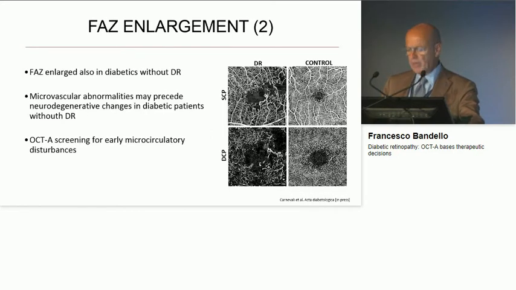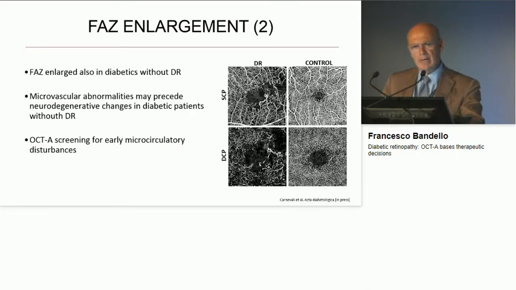But what we were able to show, and this is a contribution from our group, is that sometimes you have an enlargement of the foveal avascular zone in diabetic patients without diabetic retinopathy. So before any kind of evidence of diabetic retinopathy, you can already find something which shows that the foveal avascular zone is enlarged. And this is also another important contribution that I think we were able to give.